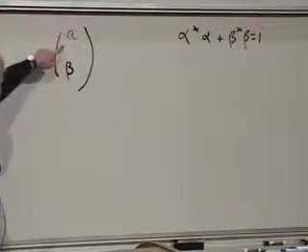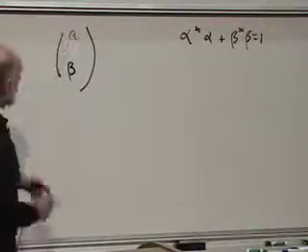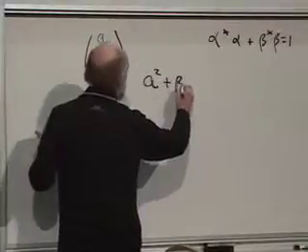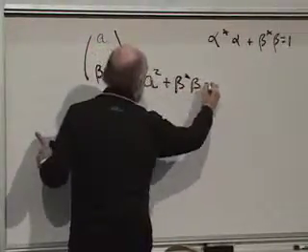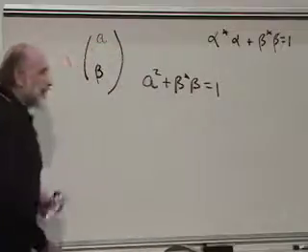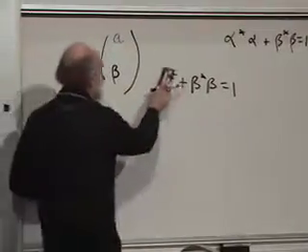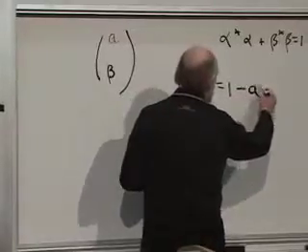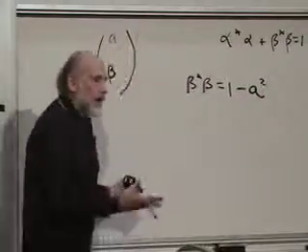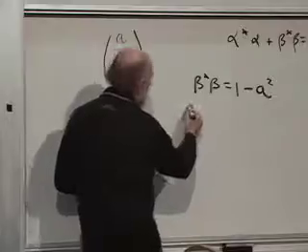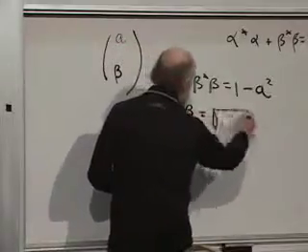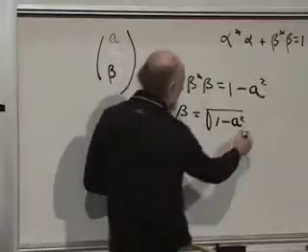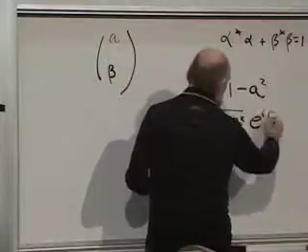We have to have that a squared plus beta star beta equals 1. There's an easy way to solve that. We just write that beta star beta is 1 minus a squared. And now we can write that beta is equal to the square root of 1 minus a squared times any phase, e to the I theta.